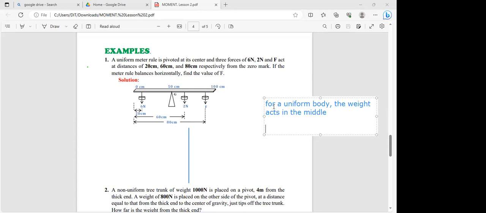Then the other thing is the other condition for a body to be in equilibrium. We have already seen one, that the sum of clockwise moments must be equal to the sum of the anti-clockwise.